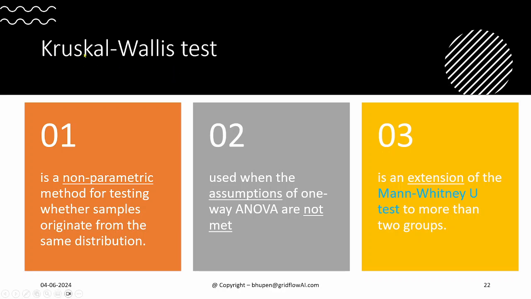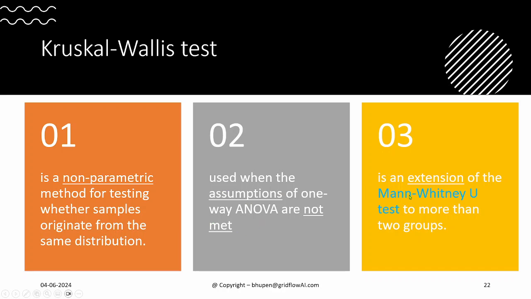If that is so, then we cannot use ANOVA here. So the alternative to ANOVA then is the Kruskal-Wallis test. This is a non-parametric method of testing whether these samples originate from the same distribution. That means it has similar variances. It is used when the assumptions of one-way ANOVA are not met.